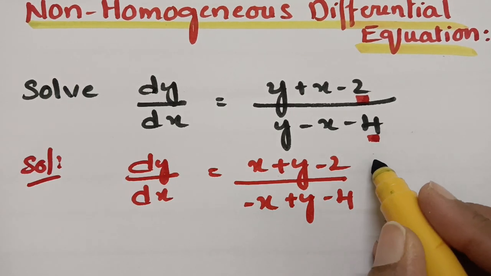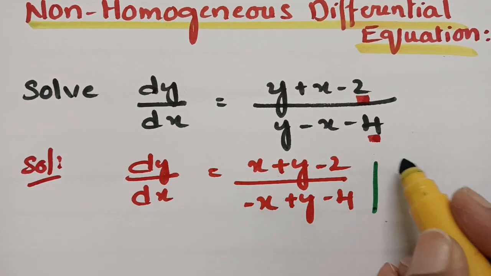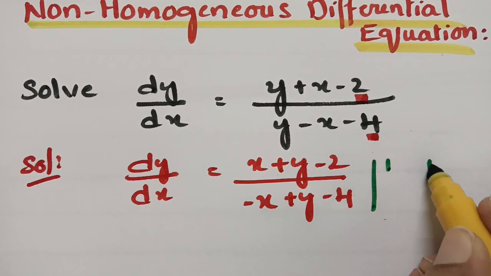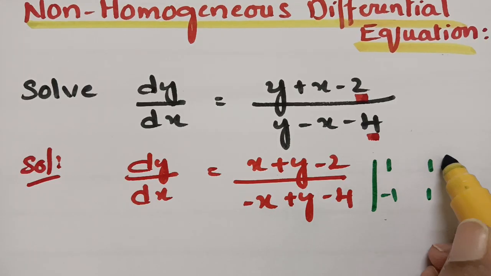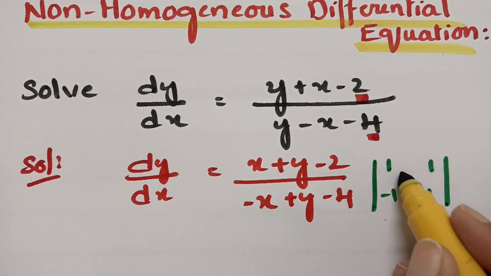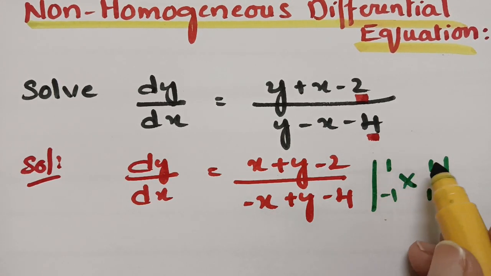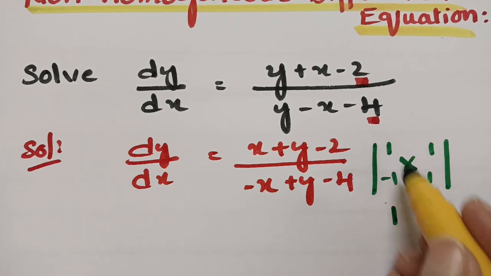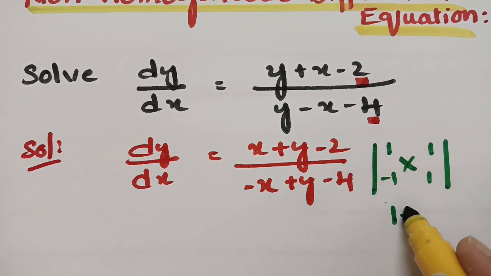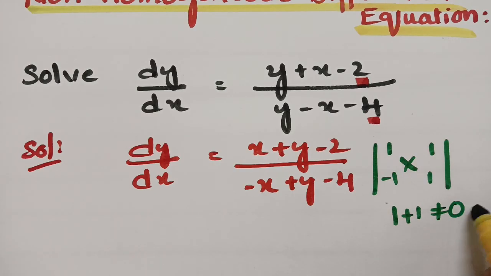The coefficient of x is 1 and the coefficient of y is again 1. The coefficient of x is minus 1 and the coefficient of y is 1. So this is a1, this is b1, this is a2, and this is b2. Make a determinant out of this: 1 into 1 minus (minus 1), which is plus 1, and this is not equal to 0.